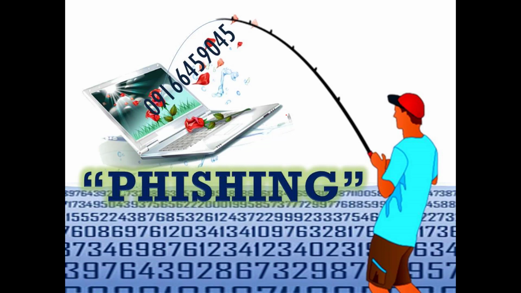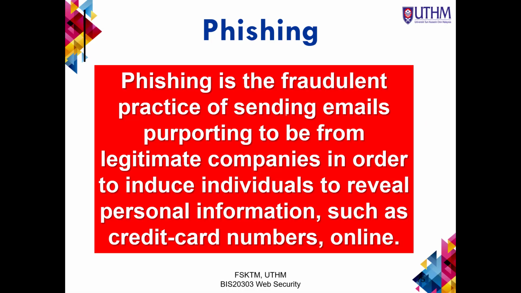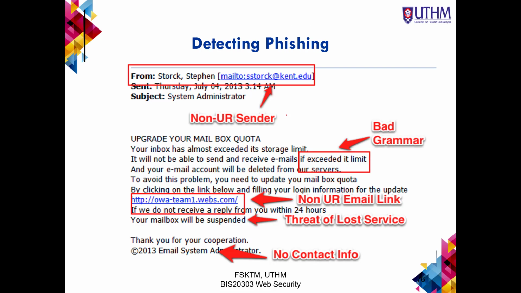Okay, you can read this. Fraudulent practice of sending email purporting to be from a legitimate source, like I said before. So how do we detect phishing? Very simple. For example, if it says it comes from Maybank, look at what type of information it is sending and where it comes from.